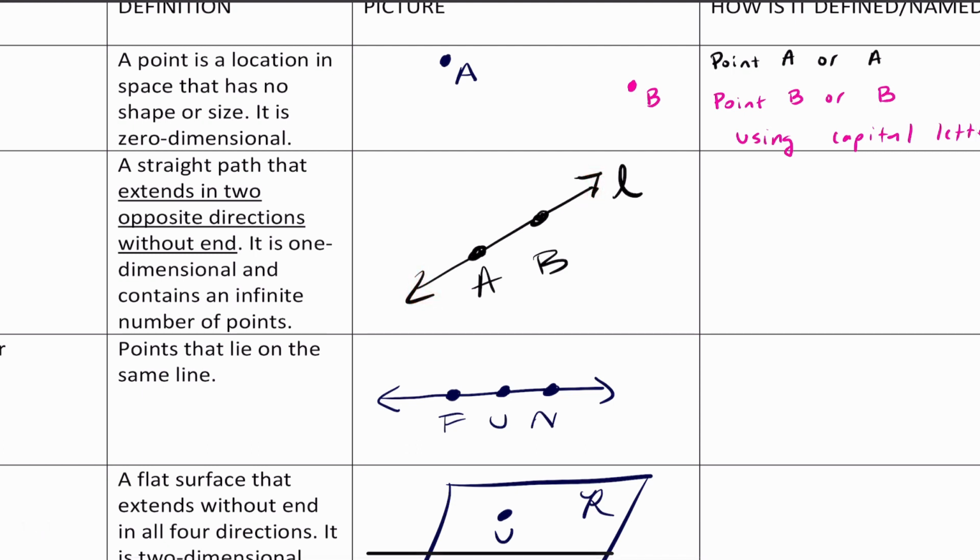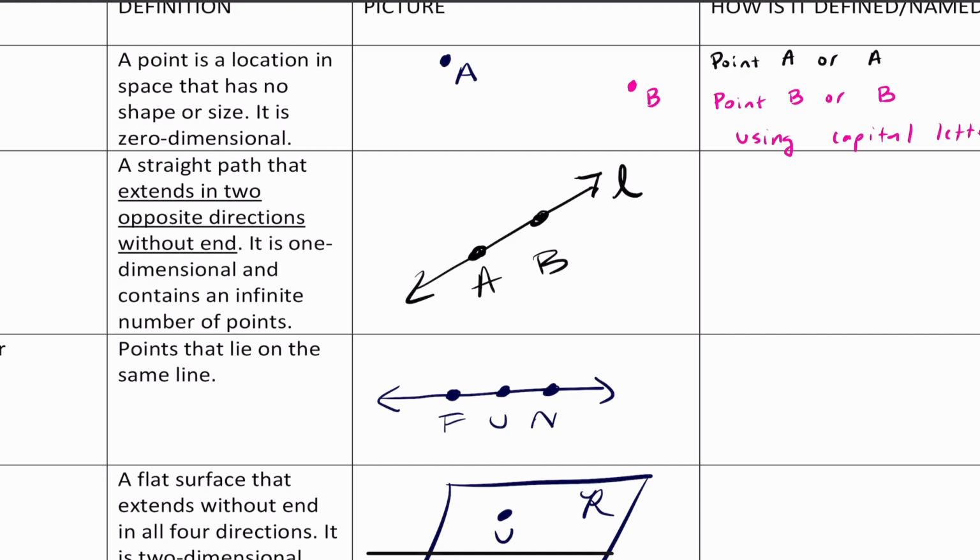That means it's going to keep on going forever and ever. It does not stop here, and it does not stop here. It's going to keep on going forever. That is what a line is, okay? And you've been drawing lines in Algebra 1 when you were figuring out the slope and the intercept, then you graph it, and then draw the arrows on both ends. That is what you were doing in Algebra 1.